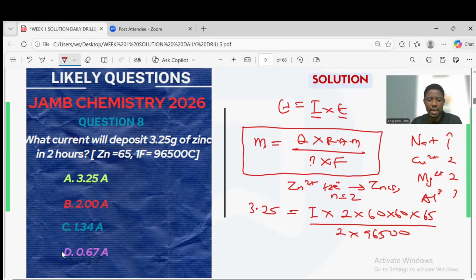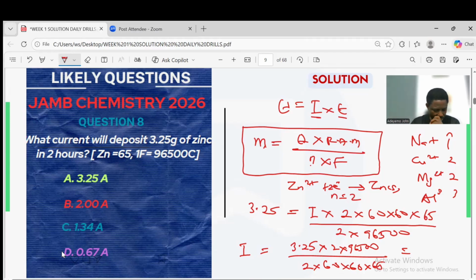Let's make I the subject and see what we get. That is 3.25 times 2 times 96500 over 2 times 60 times 60 times 65. Punch your calculator. That will be 1.34 ampere. Okay, so that is correct.